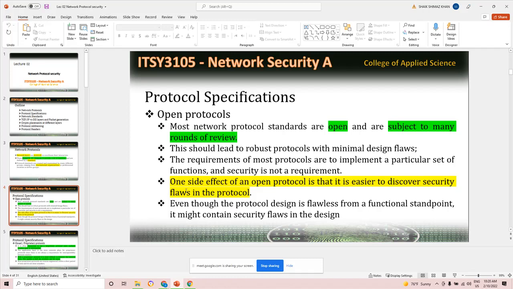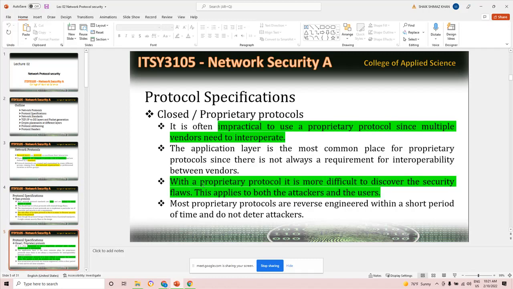Everyone knows the structure of the protocol and the logic behind it. Because we can see and analyze the code, we can find the weaknesses, and people can easily discover security weaknesses in the protocol. This is one of the important points that has to be considered.